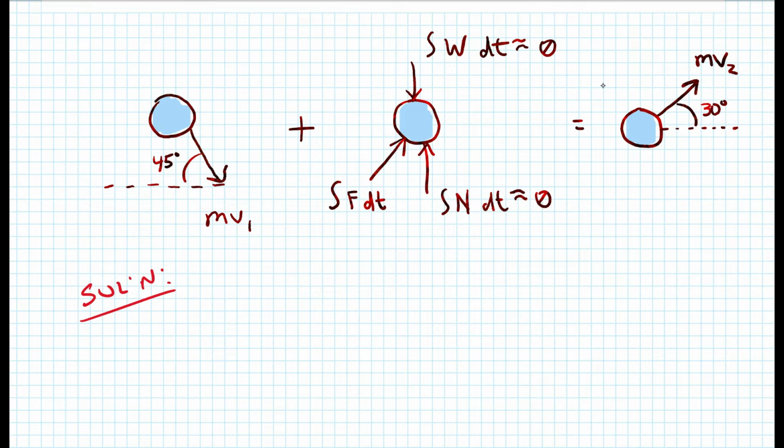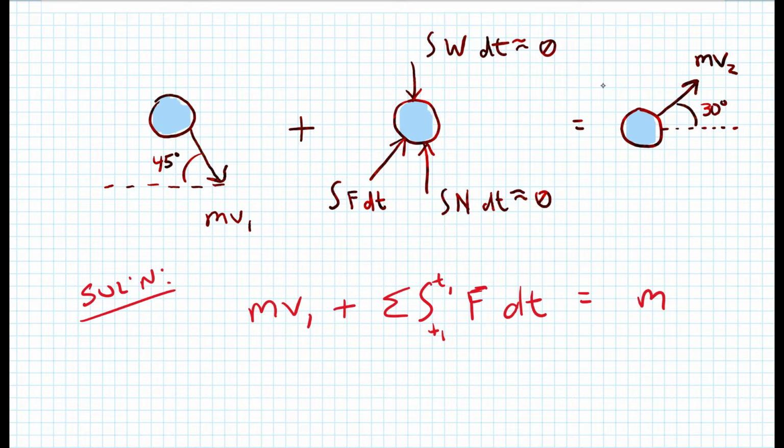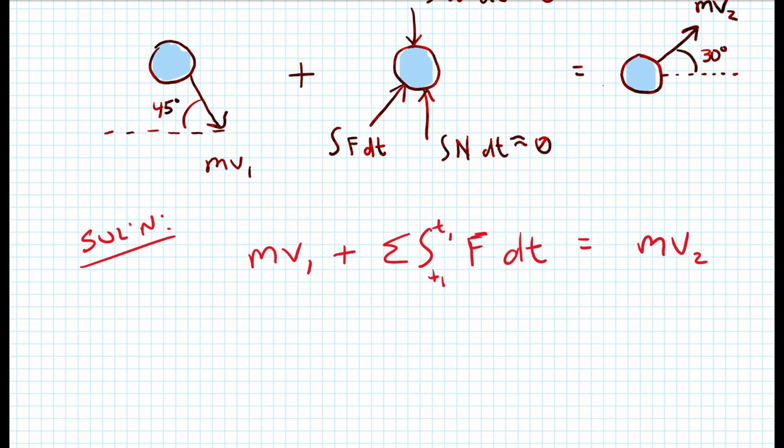Now the principle of impulse and momentum is stated as such. We'll have the initial momentum of a system, and we're going to add to it this piece here, which is known as the impulse, and that's going to give us the final momentum of the system. Then we plug in.